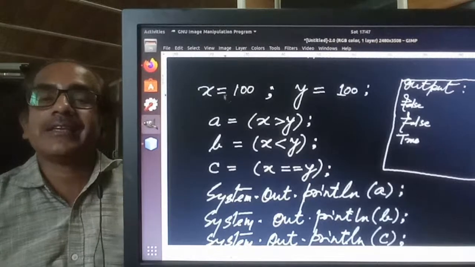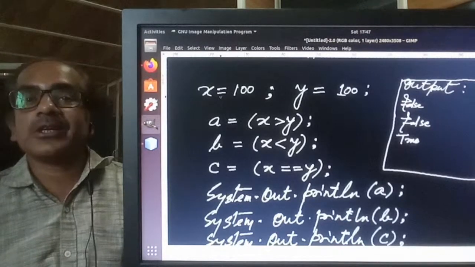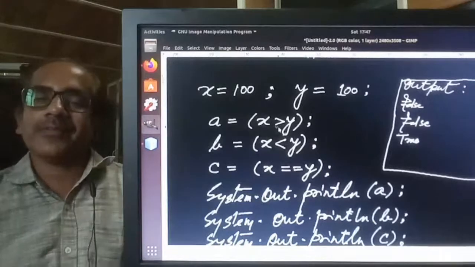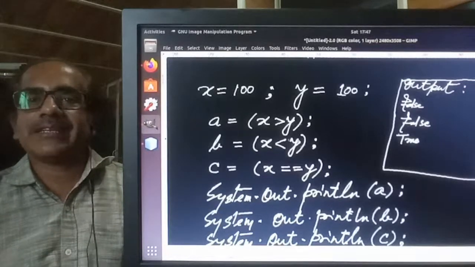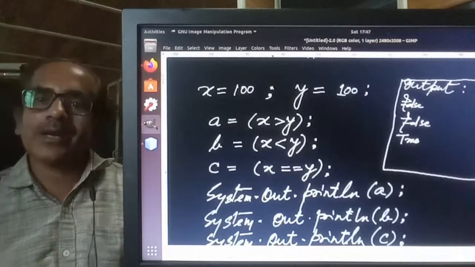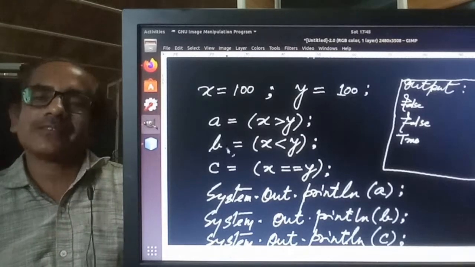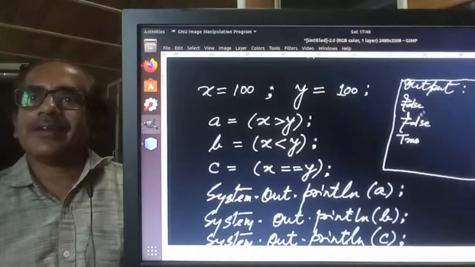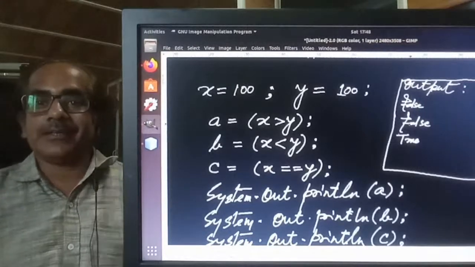Here x is equal to 100 and y is equal to 100, and on that basis when these comparisons are done, c will appear true only, the rest of the two, a and b, will appear false, and accordingly the values are printed.